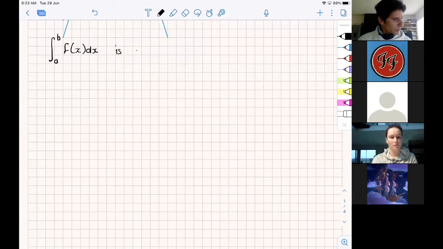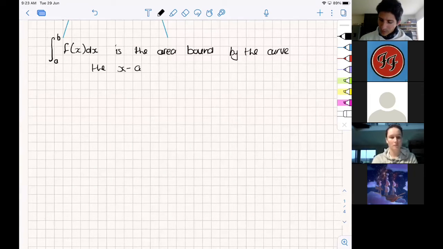Is the area bound by the curve, the x-axis, x equal to a, and x equal to b.